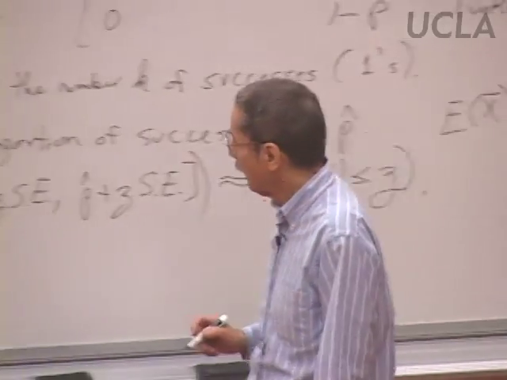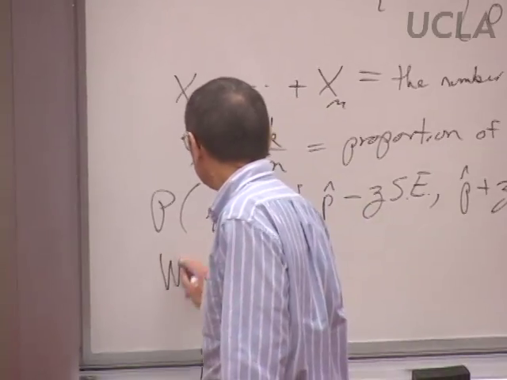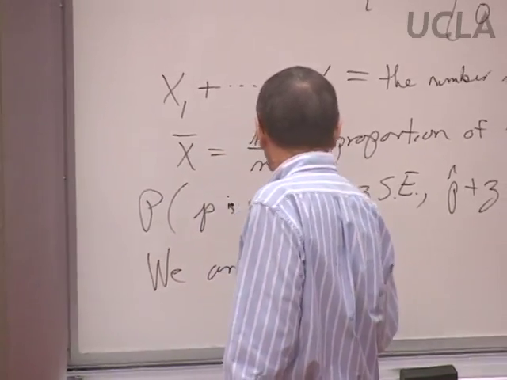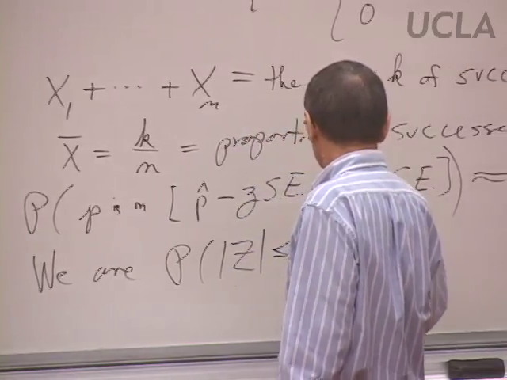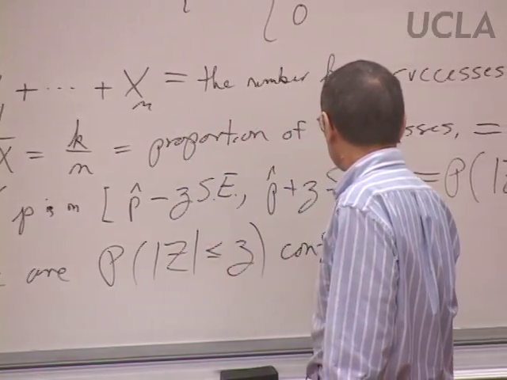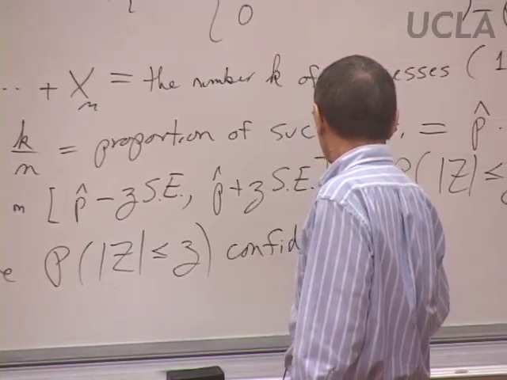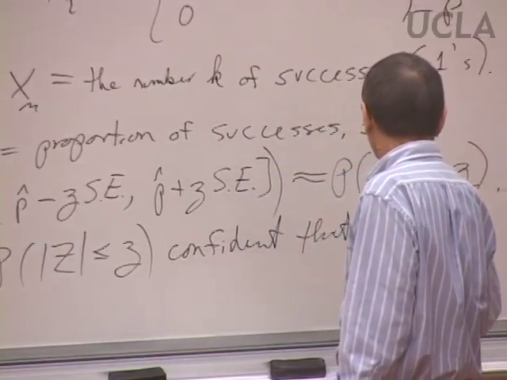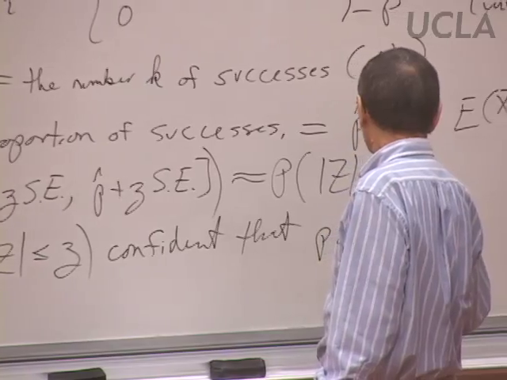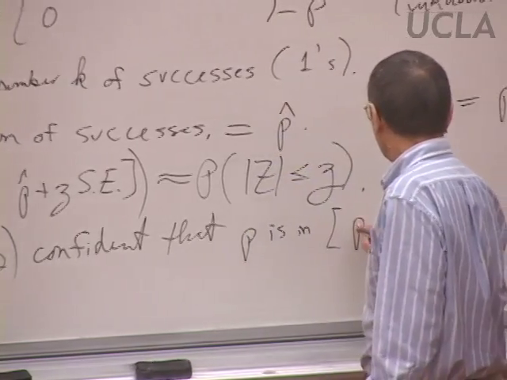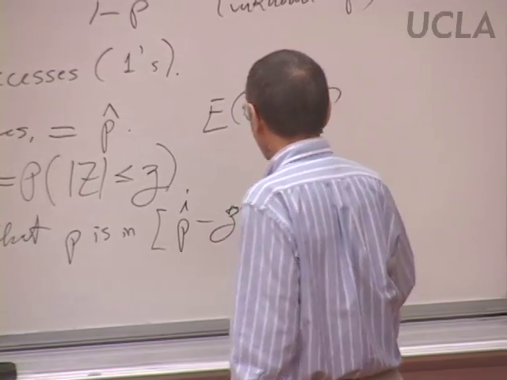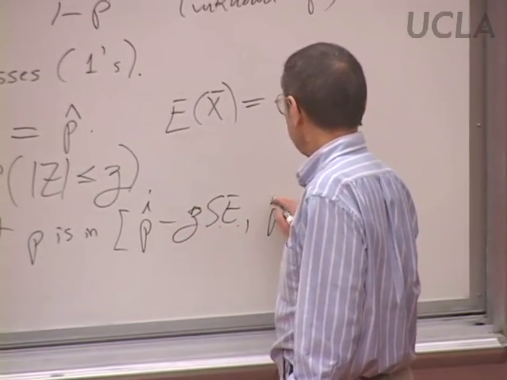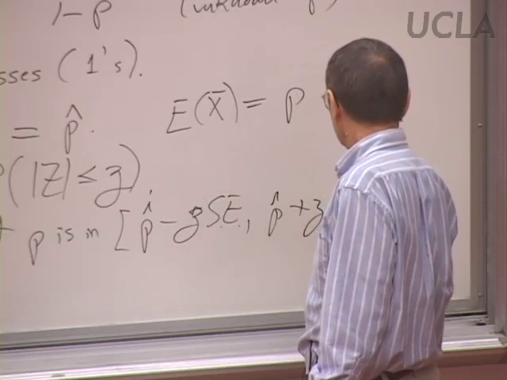Well, that's just sort of saying the same thing we said before. We have this much confidence that p is in our interval p hat minus z standard errors to p hat plus z standard errors.